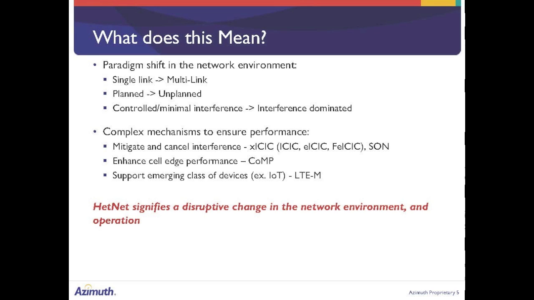I believe it's called the minimum mean squared error interference rejection combining receiver. And then one better is the successive interference cancellation receiver.